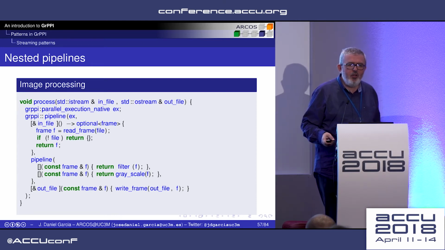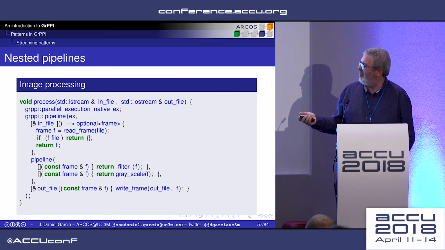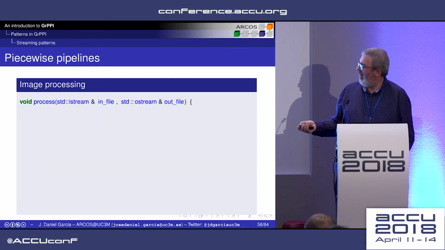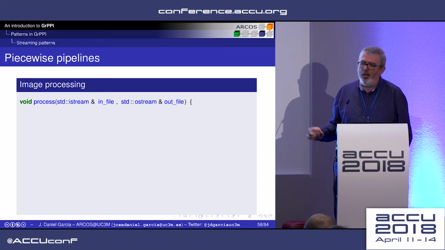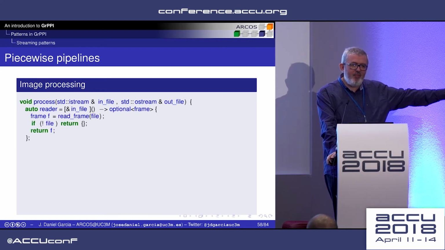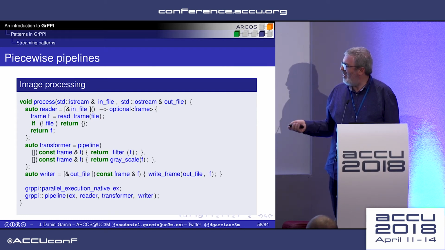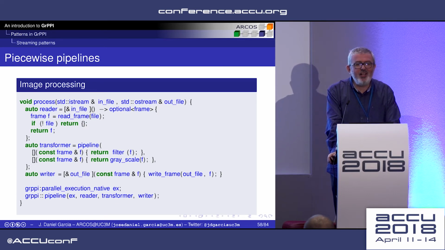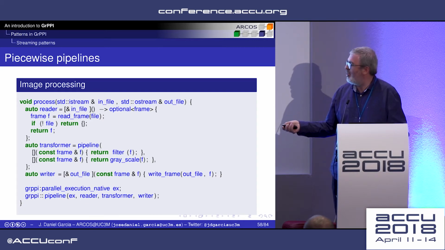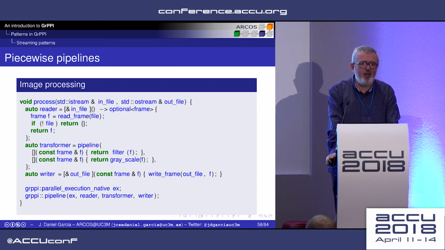So, of course, I can do this in a different way, which is defining my lambdas like this, and then I call my pipeline in this other way. We have found that some people felt more comfortable with the first approach. Some people feel more comfortable with this approach. Especially, we have some users that are C programmers or C-like programmers, and they feel much more comfortable with this approach. So both approaches are possible.